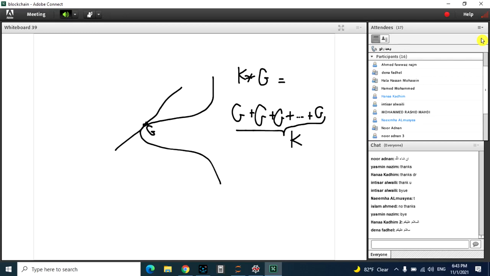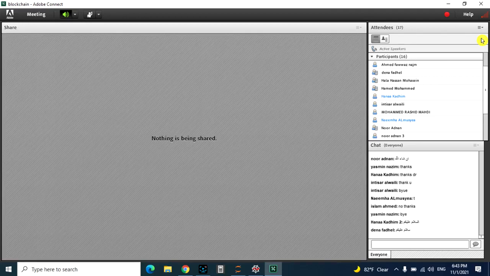It is calculated through a tangent line, as I said. We should draw the tangent line from point G to calculate G plus G.